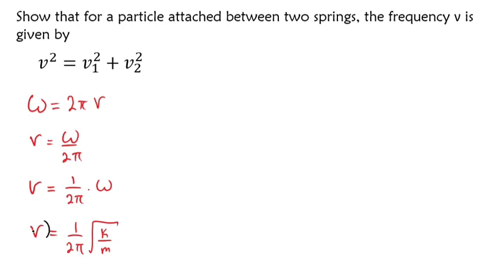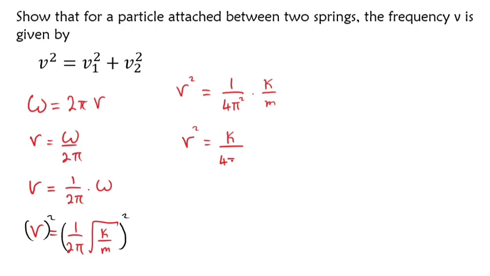So if I square both sides of this equation, what we obtain will be nu squared is equal to 1 over 4 pi squared. Then the square root cancels with the square, leaving us with k over m. So nu squared is equal to k divided by 4 pi squared m.